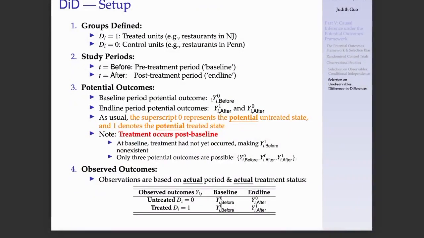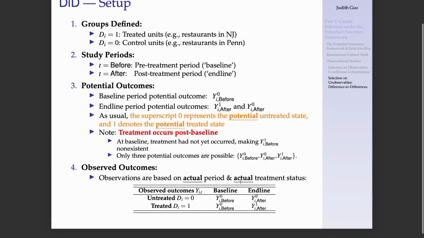Then, given this definition, the observed outcome would depend on the set of potential outcomes we have plus the actual treatment status. So at the baseline, given one potential outcome is plausible, the observed outcome is just mapped back to the untreated state outcome.